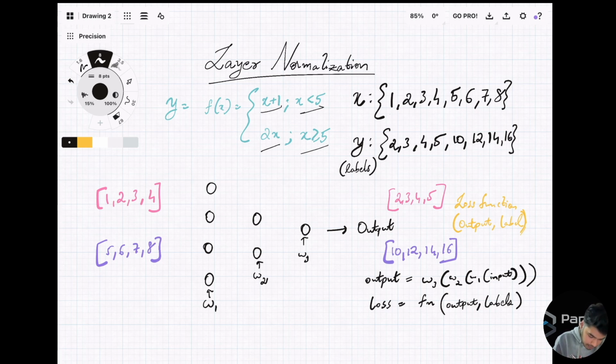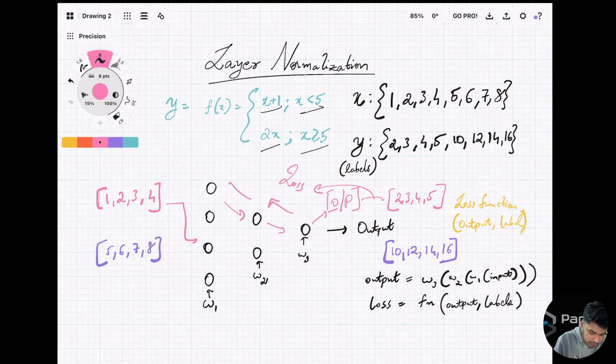So let's look at an example. Here, for the first step of the epoch, we have 1, 2, 3, 4 coming in, and it gets forward propagated, and finally we have an output. Now this output will be a list, but this output and this label together, we can calculate a loss, and we can back propagate it.